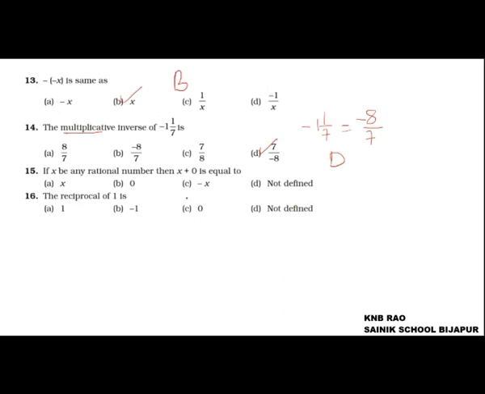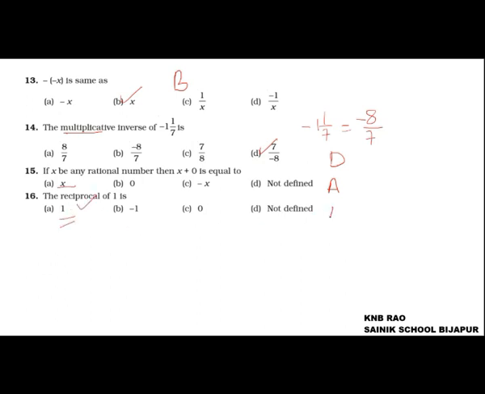15th question. If x is any rational number, then x plus 0 is equal to x. The sum of a rational number and 0 gives the same rational number. So the right answer is A. Next, 16th question. The reciprocal of 1 is 1 itself.